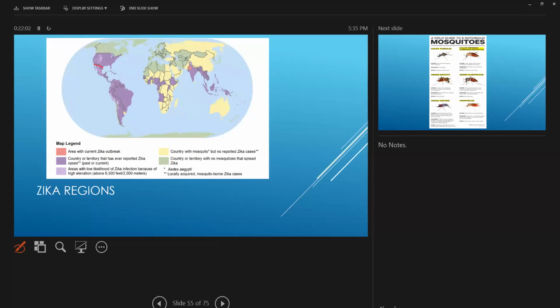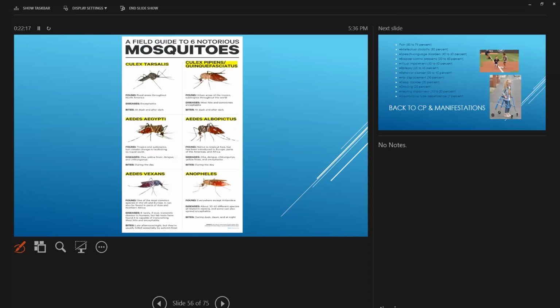And part of that is because the climate is warming and the Aedes aegypti mosquito is able to get more northern. That's the thought. So you've got this Aedes aegypti, which is your Zika carrier, and then also the Aedes albopictus is another cause too.